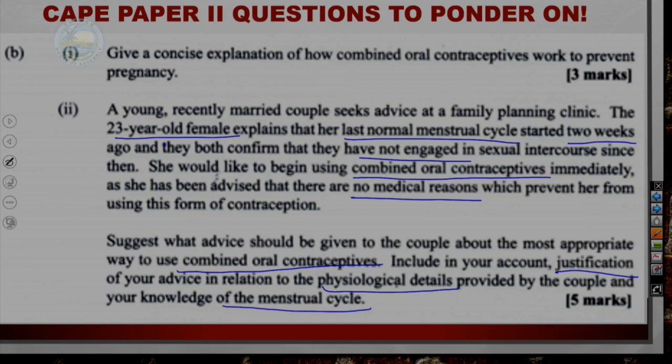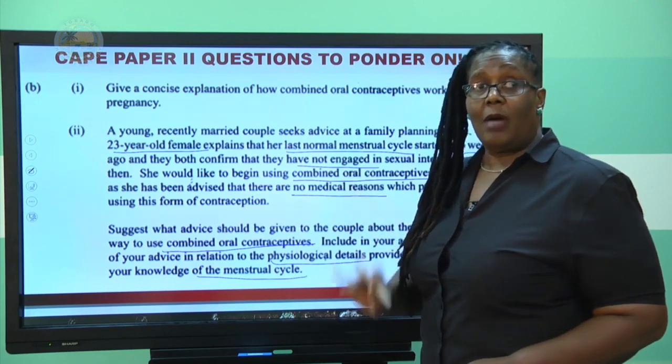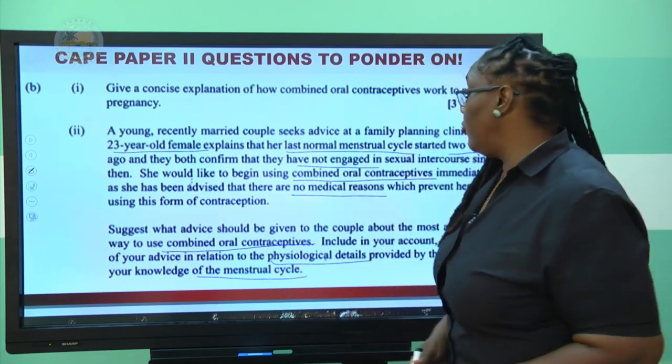Now, this is a loaded question, and I would suggest to you that you take your time and read it maybe about 3 times, if need be 4 times. It's better you take your time and read the question, understand the question, than you jump to answer the question and then you have gone in the wrong direction.